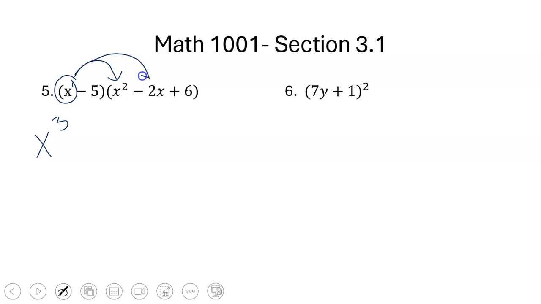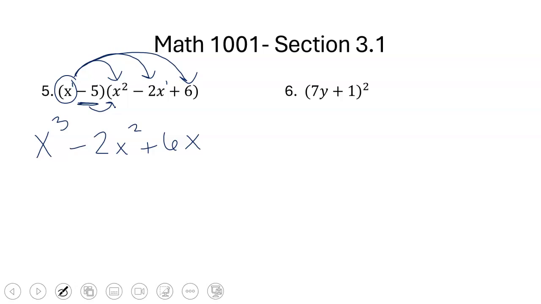Now multiply x with negative 2x squared. So negative 2, how many x's do I have? 1 plus 1, so I have 2 x's. Then multiply the x with the positive 6, so 6x. Now let's do the negative 5. So I'm going to take negative 5 and I'm going to do the same thing.